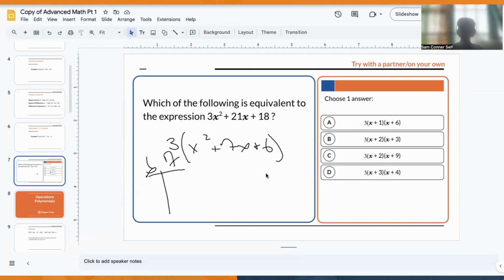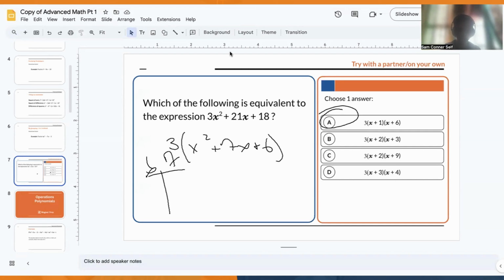So looking at that, they both have to be positive because they add up to positive 7 instead of negative 7. So I don't even have to write this out or anything. I can just look at these answer choices. There's only one answer choice with the factors of 1 and 6. So I know that the answer to this question is going to be A.